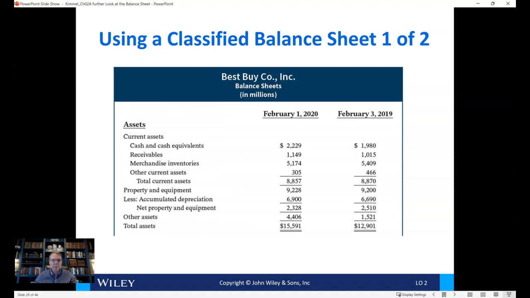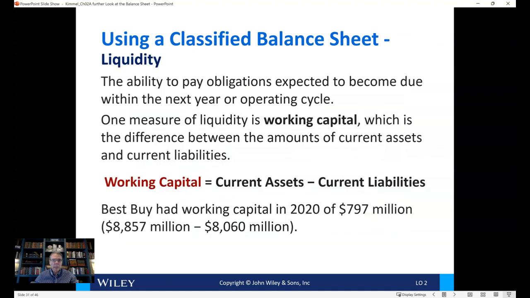So here's a classified balance sheet, and we're going to look at liquidity, which is working capital. So it's just current assets minus current liabilities. If you have more current assets than current liabilities, then that's going to be a positive number. And so that means that you have more than $1 in current assets to pay current liabilities.